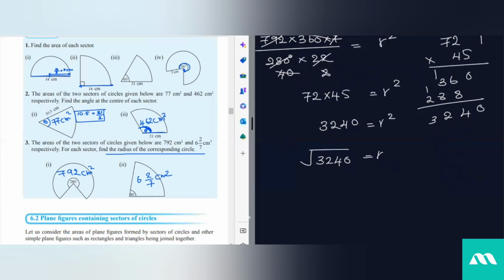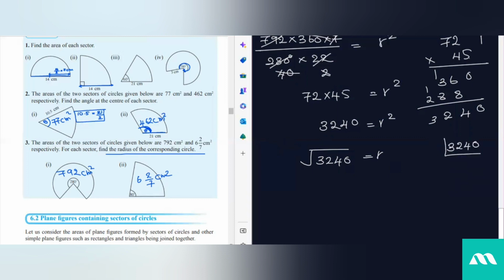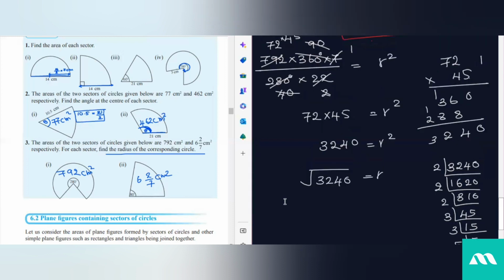For that you can do continuous division by prime numbers. Divide by 2, again divide by 2.